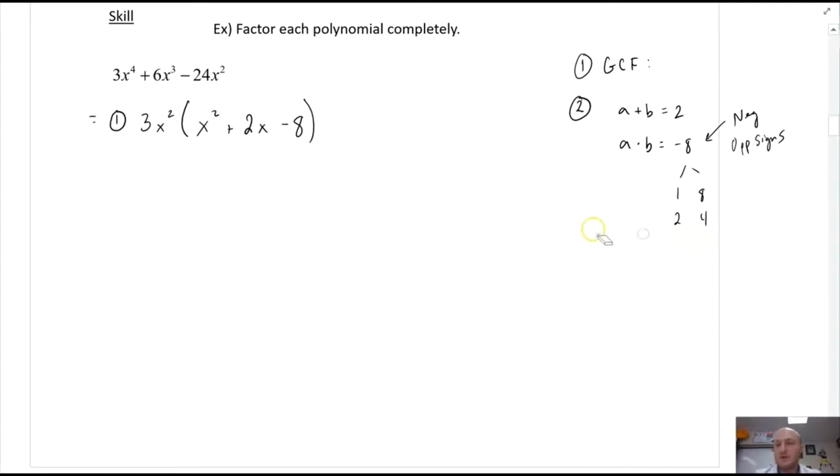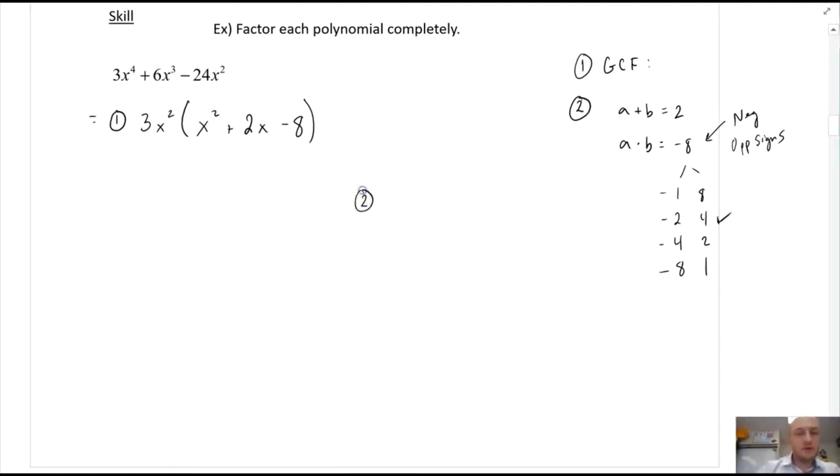Another way that you can do this is if you just duplicate 4 times 2, 8 times 1, I can make each side negative. And this is only because my product is negative. So which of these add up to give us a positive 2? And that is here. So the negative 2 and the 4.